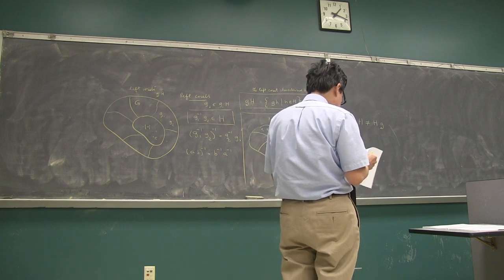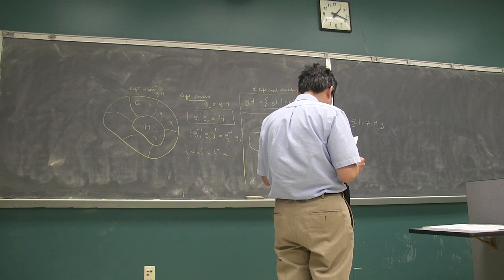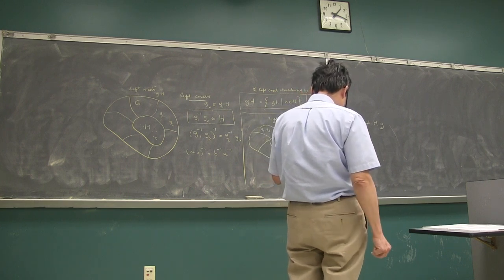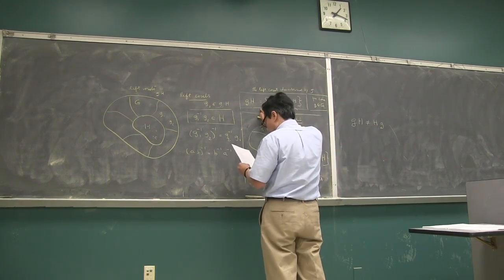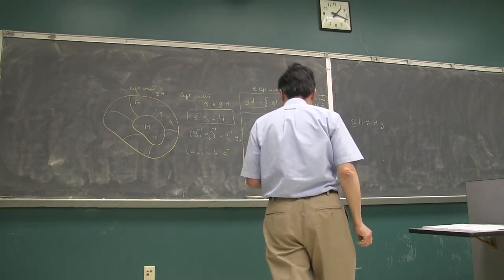Okay, let me justify a couple of things. Let me show explicitly that the left cosets, for example, can be written like that, okay?